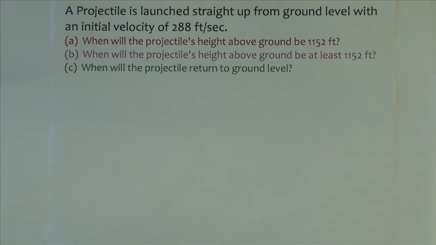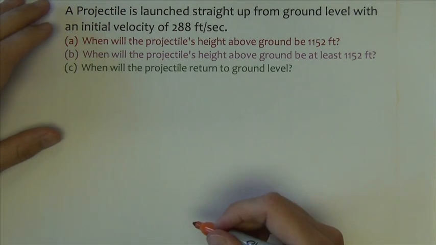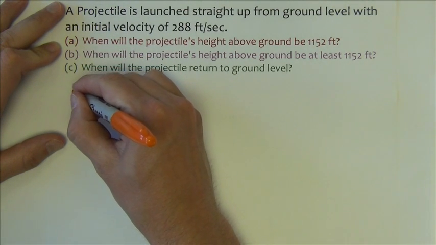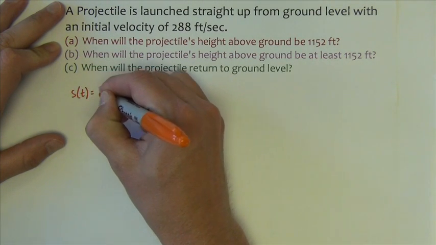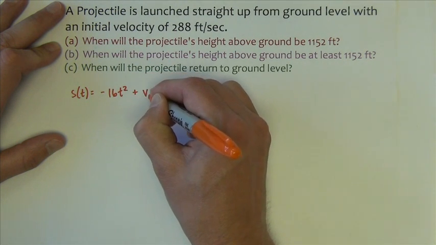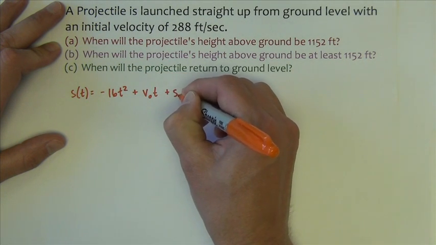Okay, this problem says a projectile is launched straight up from ground level with an initial velocity of 288 feet per second. Let's model it first. S of t is negative 16t squared plus v naught t plus s naught.